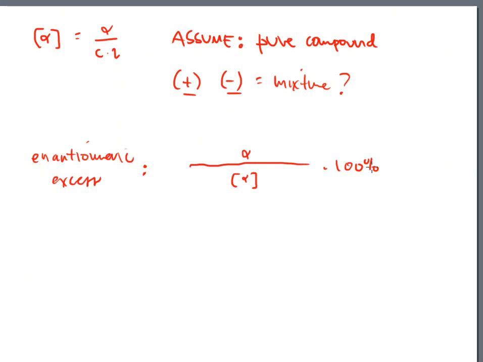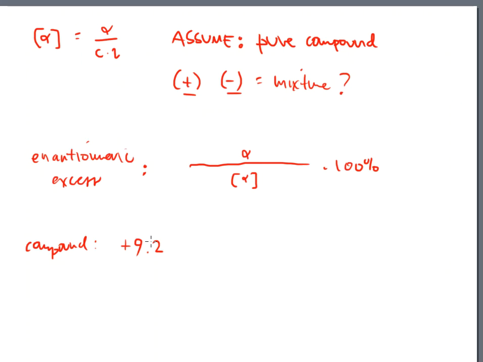So let's say, for example, that I have a compound, okay? And this compound I put into the polarimeter, I got an observed rotation, and I ended up getting a 9.2 for that observed rotation. How much of one do I have over the other based on that value?